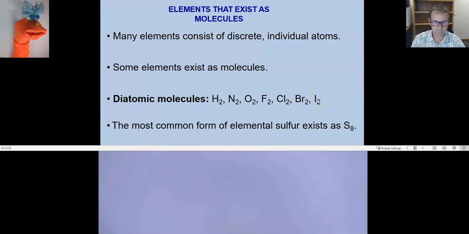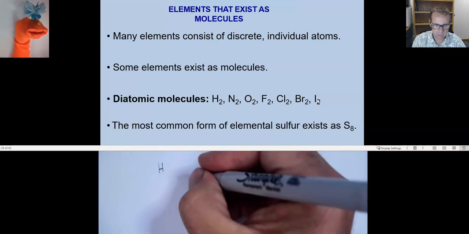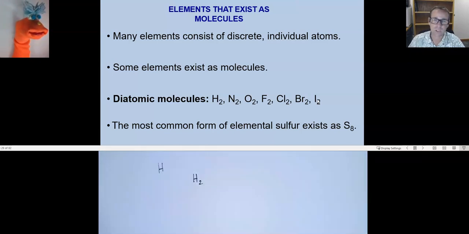That means you don't ever find a hydrogen atom all by itself. If you find hydrogen in nature, it's always forming H2, a diatomic molecule of hydrogen. And that's true for all of these elements.